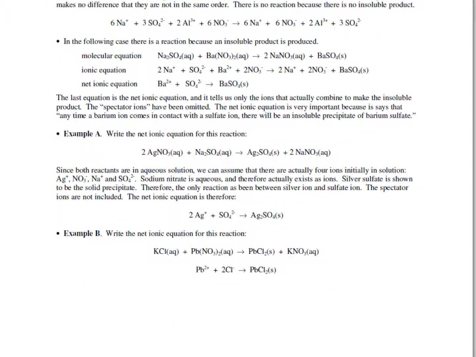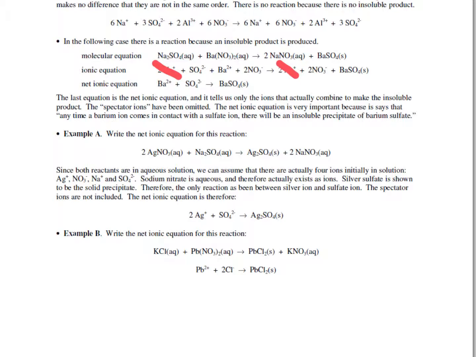However, if a solid is produced, like in this case, I mix 2 aqueous solutions, I form a solid. I break everything that I can into its ions. So this has sodium, so it breaks apart into its ions. This has nitrate, so it breaks apart into its ions. This has both sodium and nitrate, so it definitely breaks apart into its ions. But a solid cannot break apart. Only aqueous solutions can. So when I go through my net ionic, well, I have sodium on both sides.